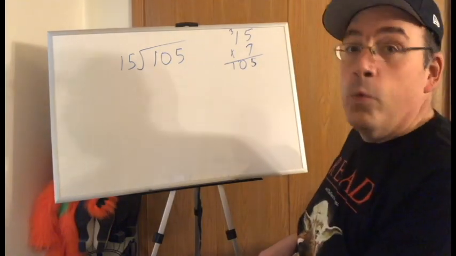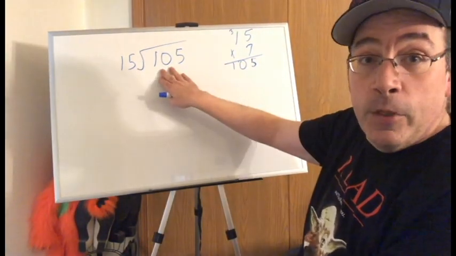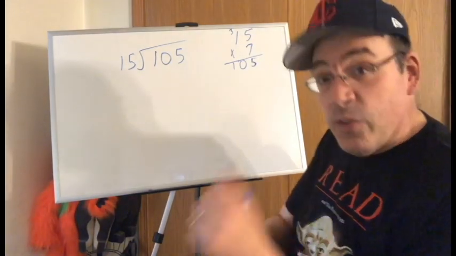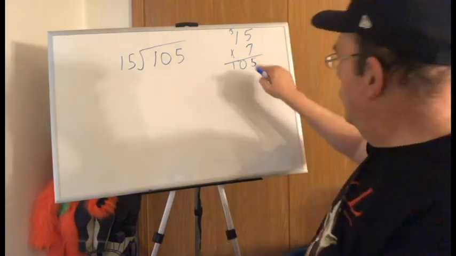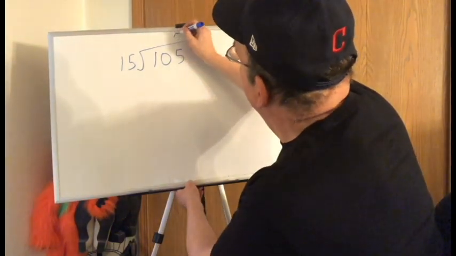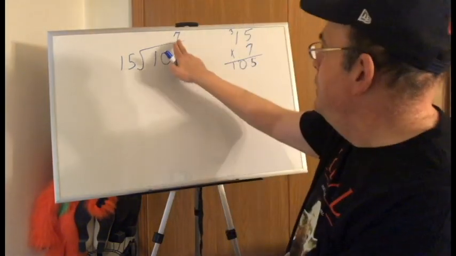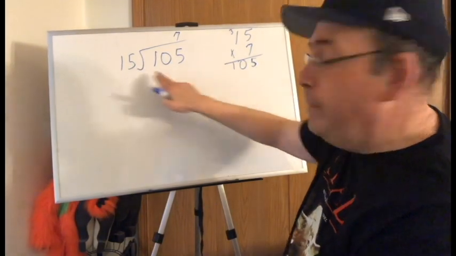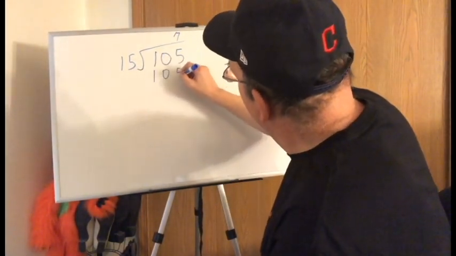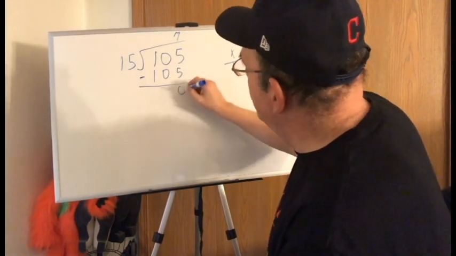So there we go, 105, which is exactly what I'm looking for. No regrouping, no remainder or anything. So that is awesome. So I'm going to put the 7 in the ones place. 7 times 15 is 105. 105 minus 105 is 0.